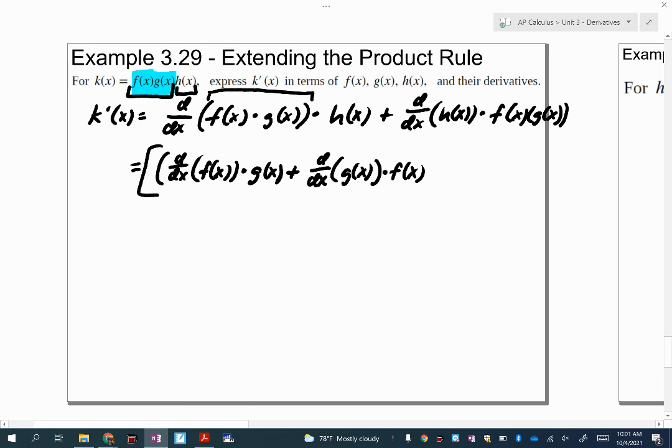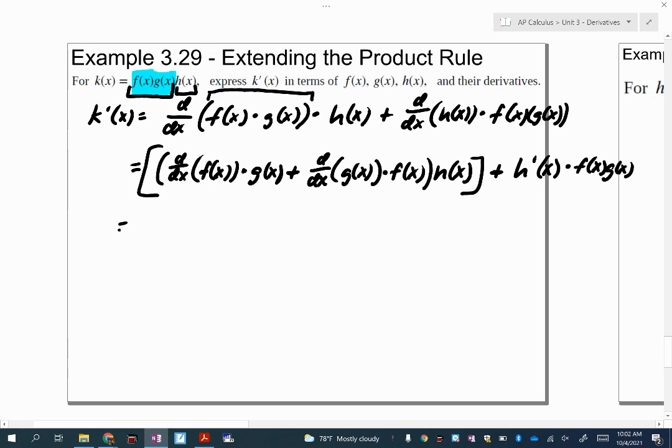But remember, that's all inside being multiplied by this h of x. Close that. Plus, and this one you can probably notice it's a little bit easier, d dx of h of x is just h prime of x times f of x and g of x.